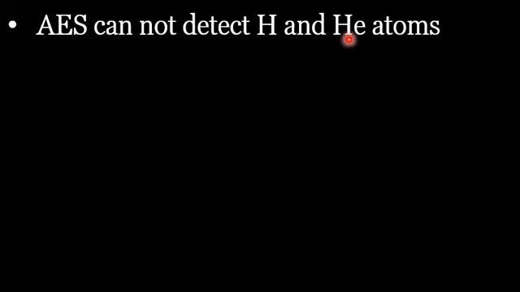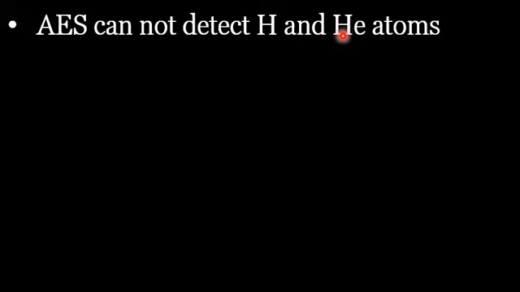Students, why can you not detect hydrogen and helium using Auger electron spectroscopy? The answer is quite simple. Helium and hydrogen atoms have 2 and 1 electrons in their K shell. So they have only one shell, and there are no other shells from which the transition may take place, from which an electron may jump into a lower K shell and emit X-rays, which interact with an electron at a higher shell and remove it as an Auger electron.